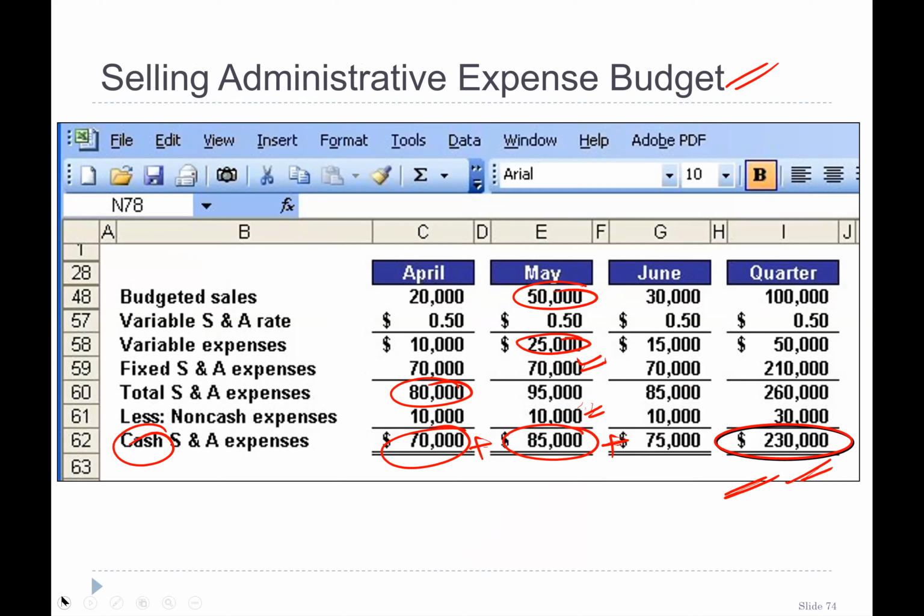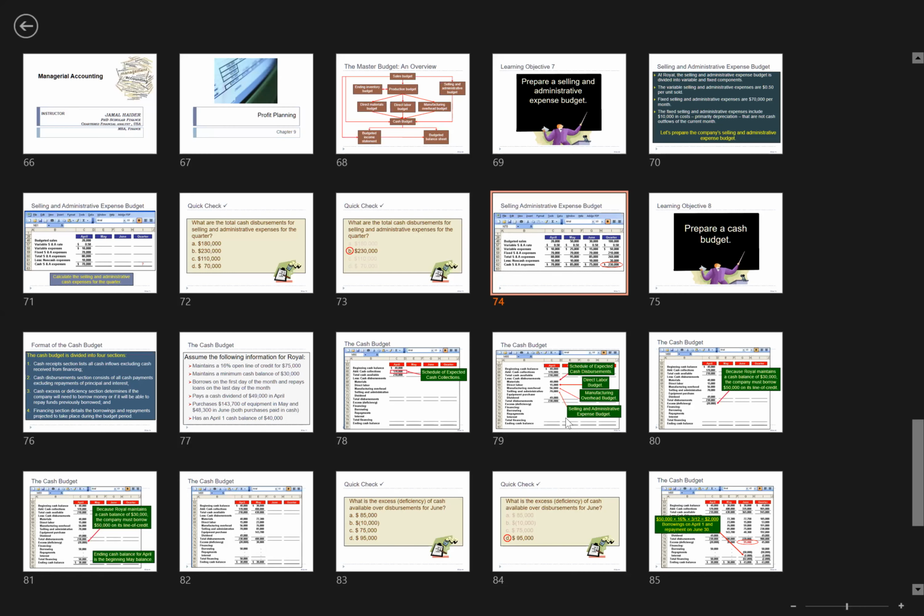In the income statement, we didn't use 230,000. We used 260,000. In the cash budget, we used 230,000 of the budgeted selling and admin expenses.